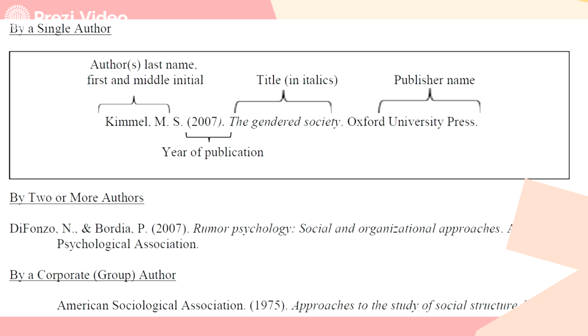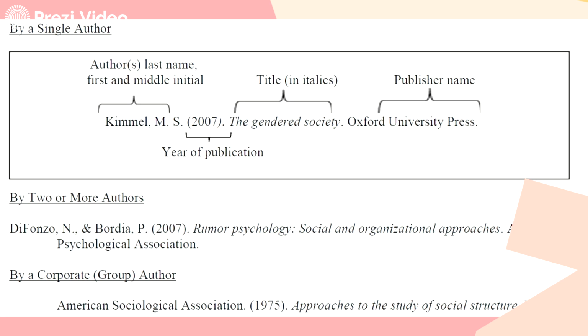Now after Bordia P., there's a period, and then the year of publication, which is 2007, enclosed in parentheses, terminated by a period, and then the title of the book, Rumor psychology: Social and organizational approaches. As you can see, it is also in sentence case. Now you might be asking why the S in social is capitalized. It is because it is the start of a new statement, as terminated by the colon after psychology. Now, the title is terminated by a period, and then the publisher is the American Psychological Association, and then terminated by a period once more.